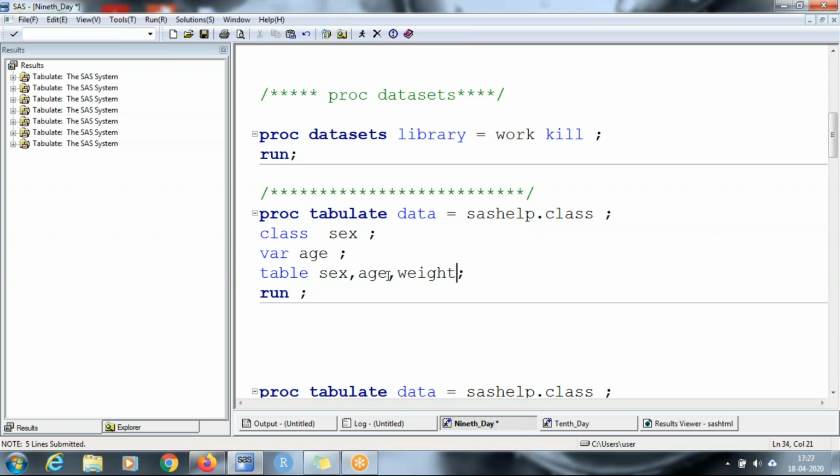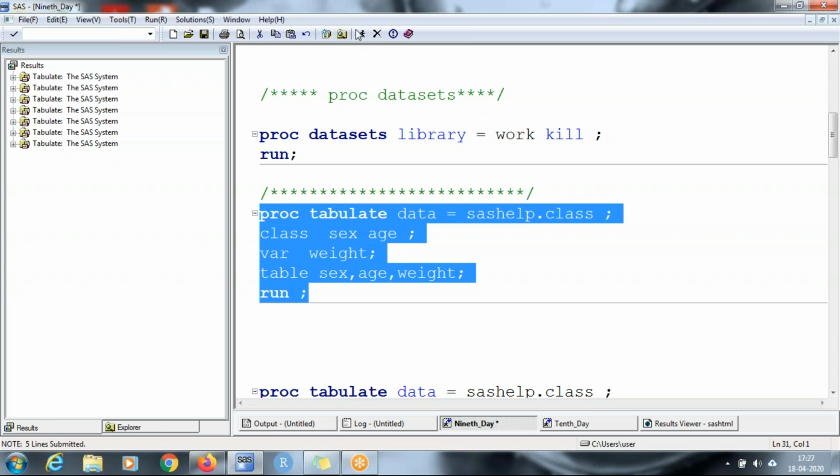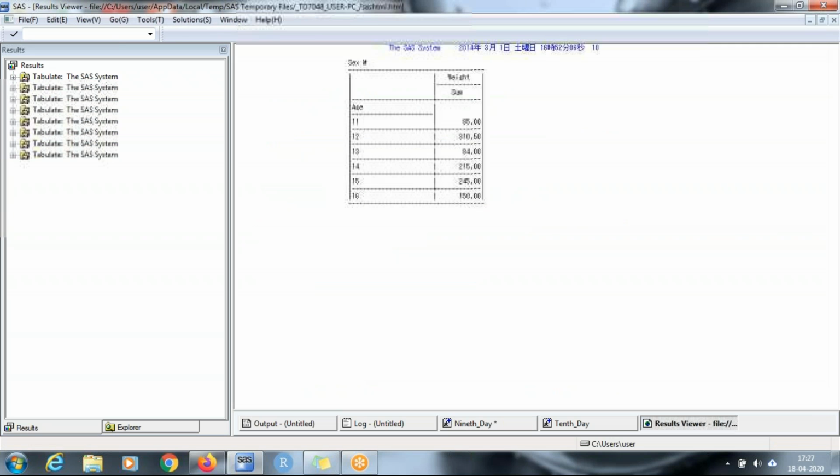Right. Now adding one more variable which is weight. So weight is my column variable, age is my row variable, and gender is my page variable, right? Or the page dimension.